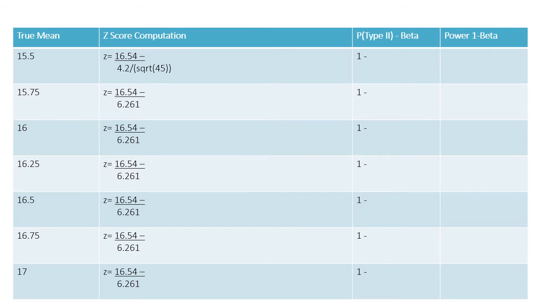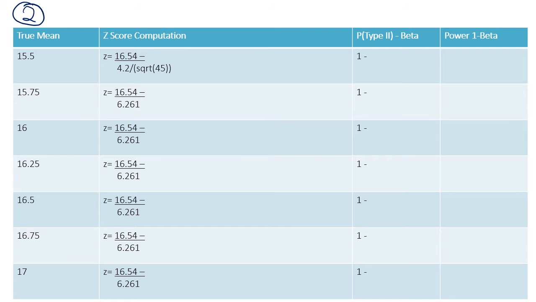Alright, on to the second step of computing beta. In this step, we make a table with all of the possible true means. We then compute the z-score. We look at the probability of type 2 error, and then the power, which is 1 minus beta.